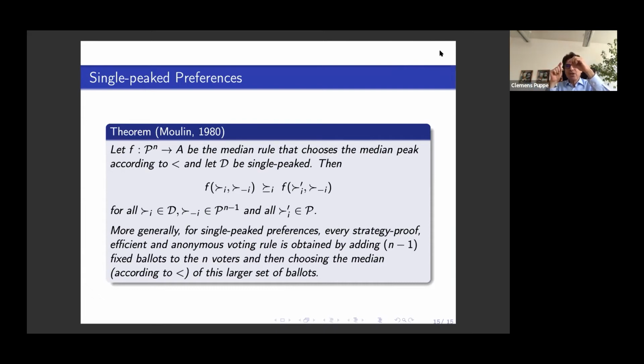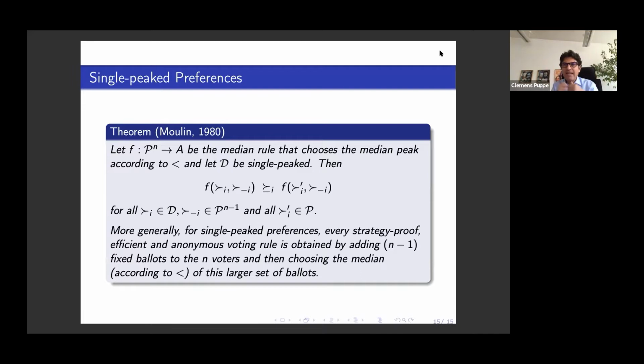Now, how can you change the result? Suppose you're on this side, you want to pull the result in your direction. Can you do that? No, because whatever you report on this side, it will not alter the fact that the majority is already on this side. So how can you change the result? You can only change the result by reporting a peak on the other side. But that risks that the median goes further away from your true peak.